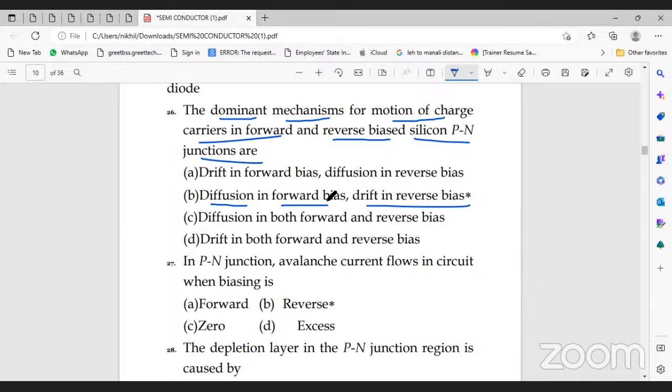Because in reverse bias, diffusion will not occur. We have to give an external agency to drift the charge carriers. So in reverse bias, there will be a drift. In forward bias, there will be a diffusion.